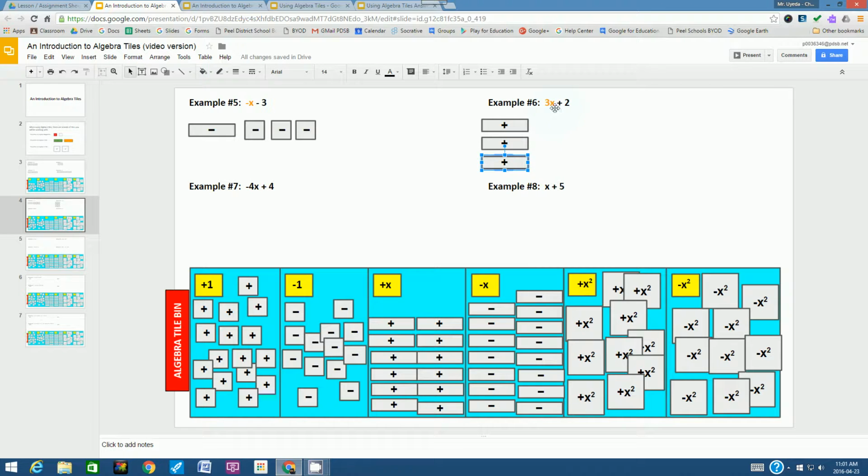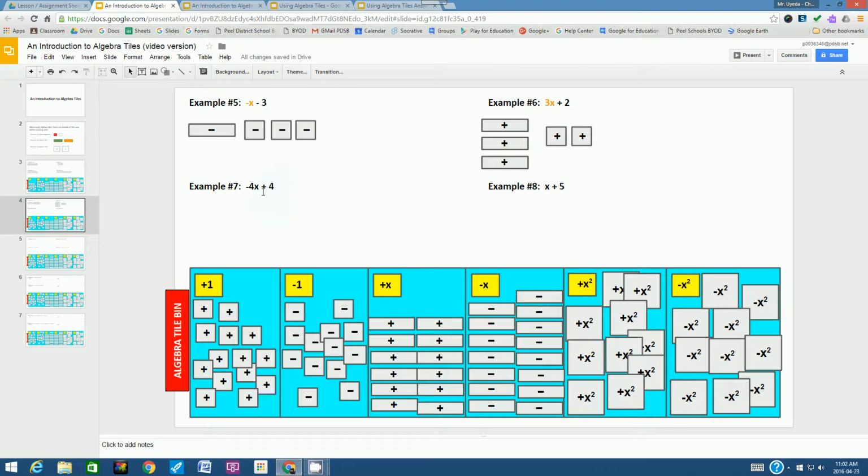So we have our 3 positive x's, and then we look at our integer, we have plus 2, positive 2. So bring those tiles over, please. Okay, so here is the tile diagram for the algebraic expression 3x plus 2.